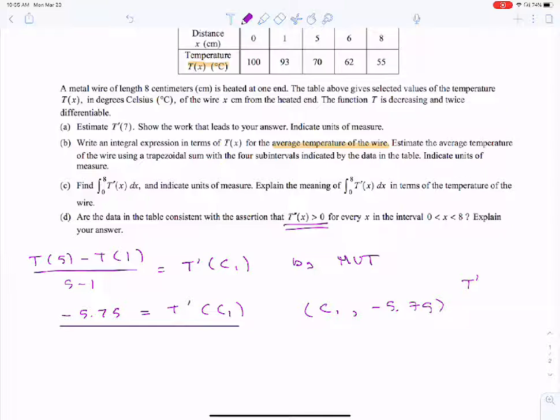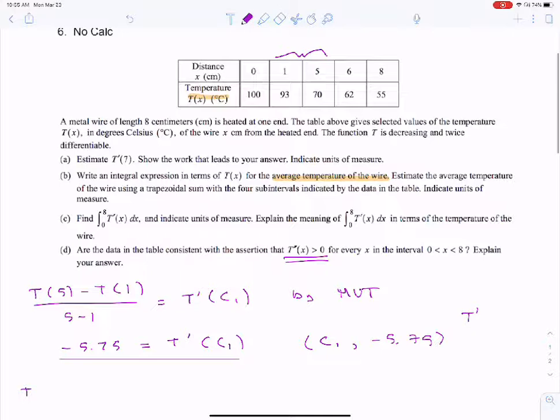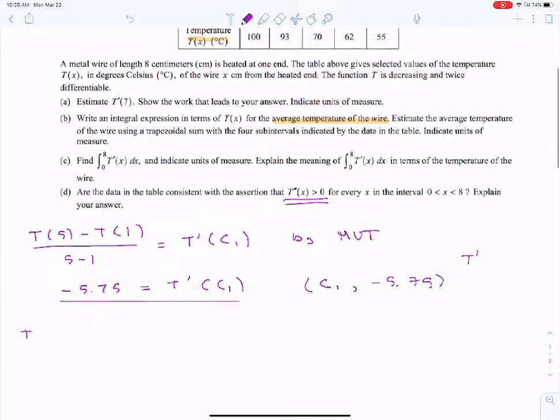Now I'm going to find another point, from 5 to 6.